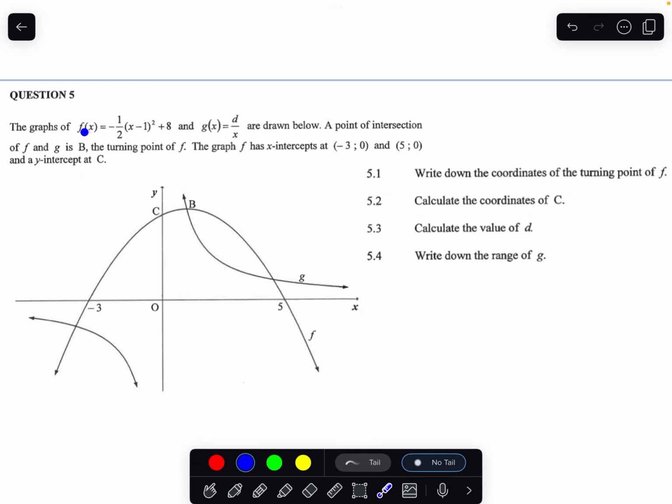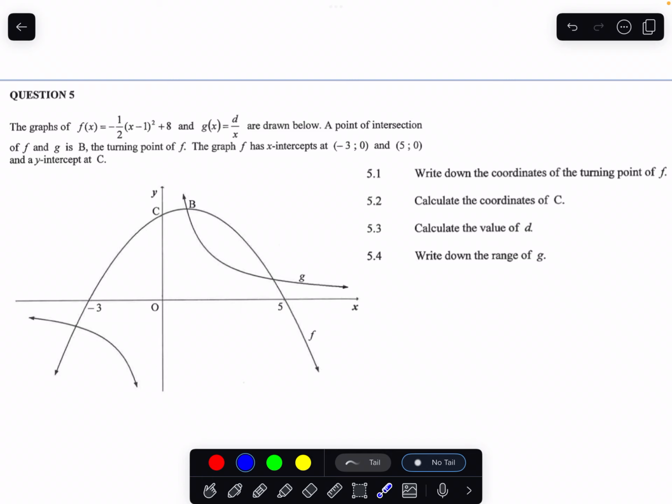Because we've been given the parabola in turning point form, so handy. The graph f has x-intercepts at (-3, 0) and (5, 0), and a y-intercept at C.